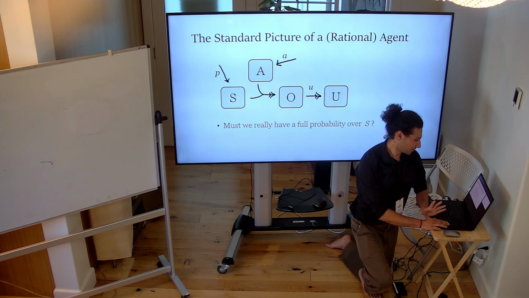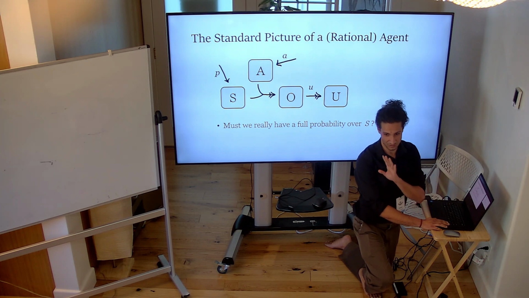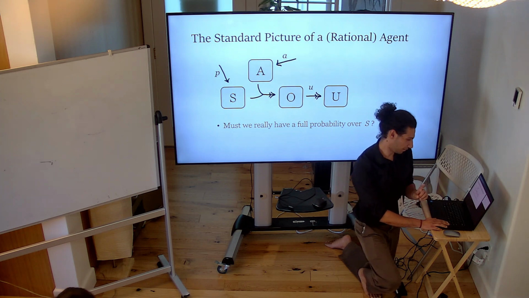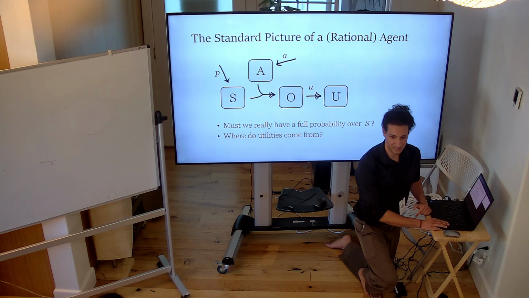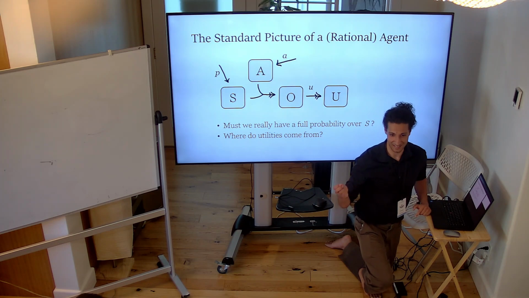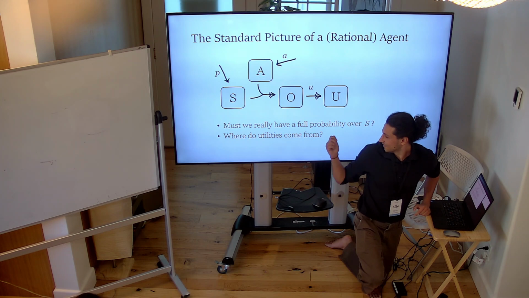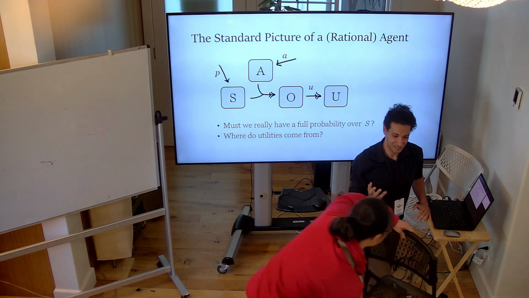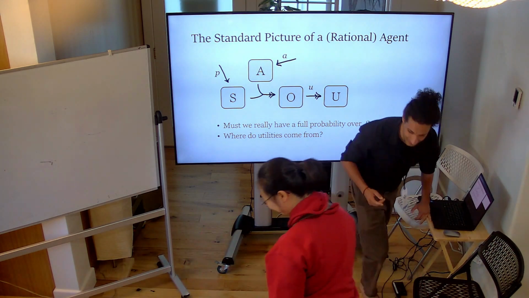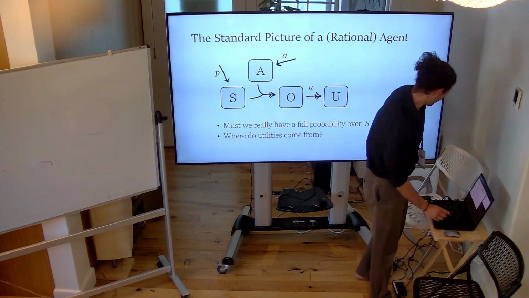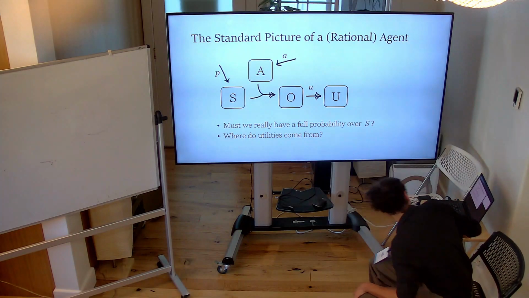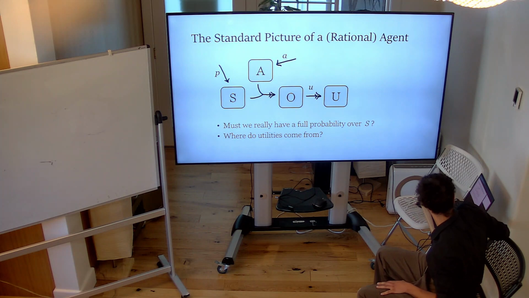Okay, so maybe you don't want to have your beliefs represented this way. Another problem is, where do utilities come from? That's an even bigger problem. Are all utilities equally good? According to the standard theory, the answer is yes.